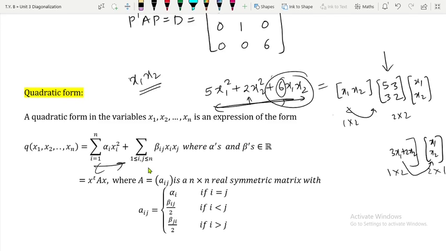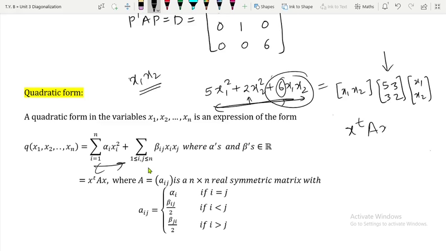So you can always write the given quadratic form in this form, that is x transpose Ax. And this is what is given over here. So a quadratic form can be written in this way, where A equal to (aij) is a real symmetric matrix of order n. Why order n? Because the quadratic form has n variables.